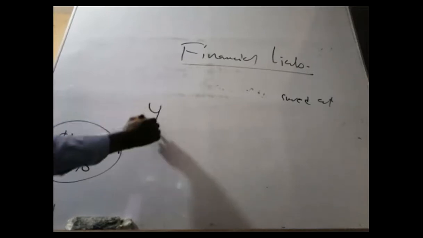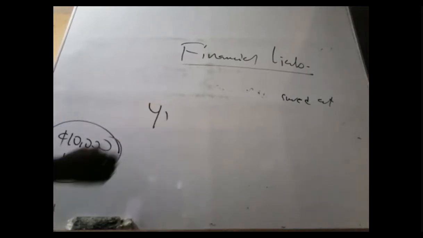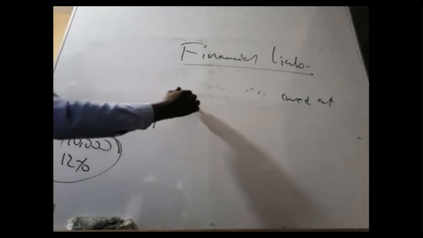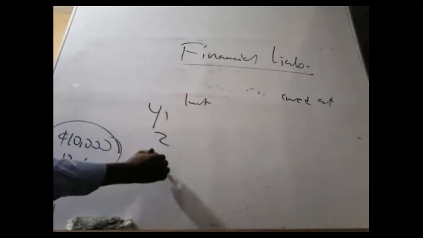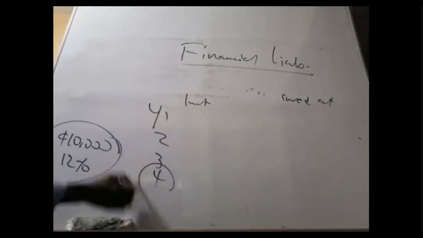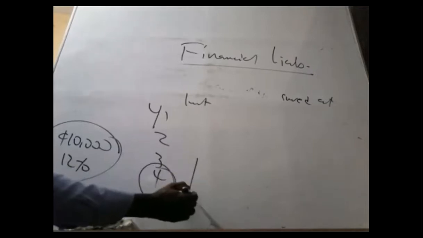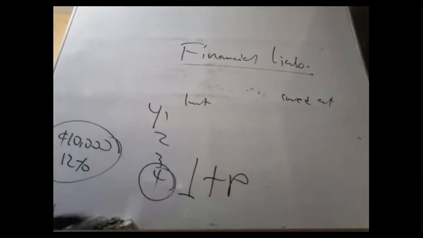Meaning year 1, we will pay the interest. Year 2, year 3, up to year 4. In the final year, we will pay the interest plus the principal amount. That is the meaning of held to maturity.